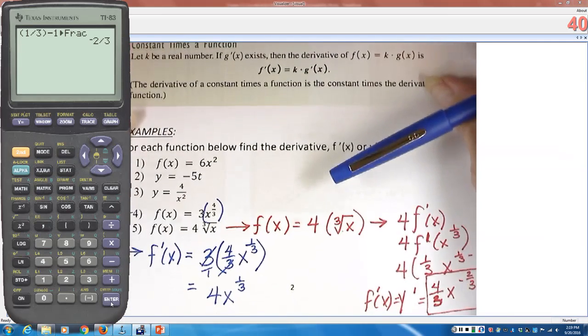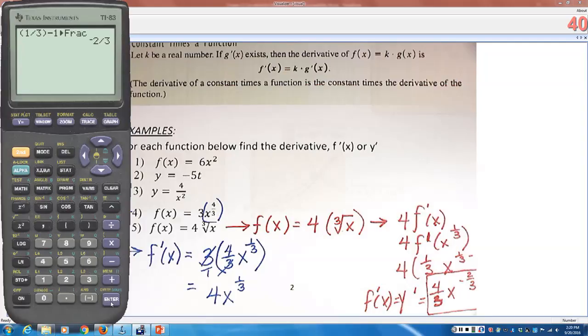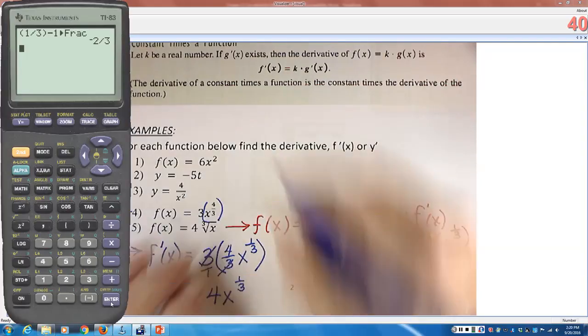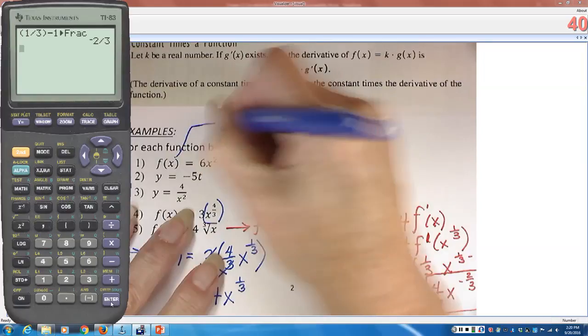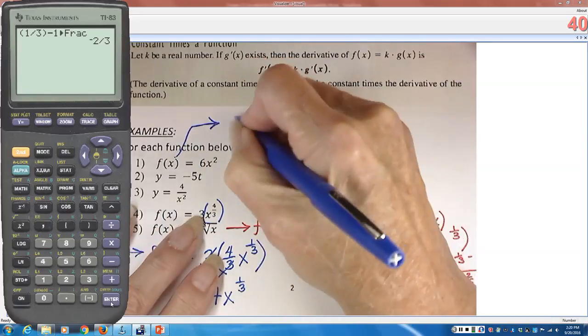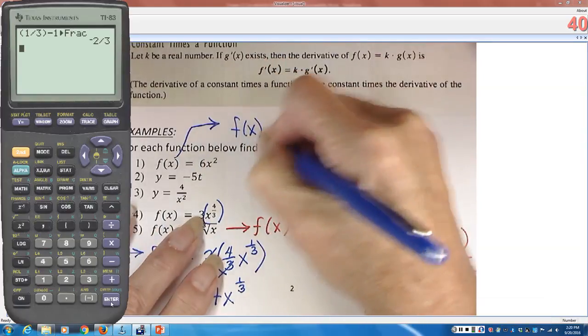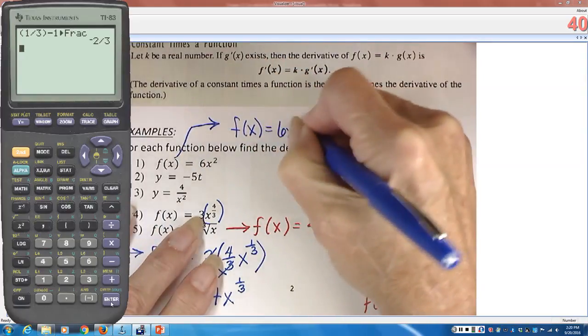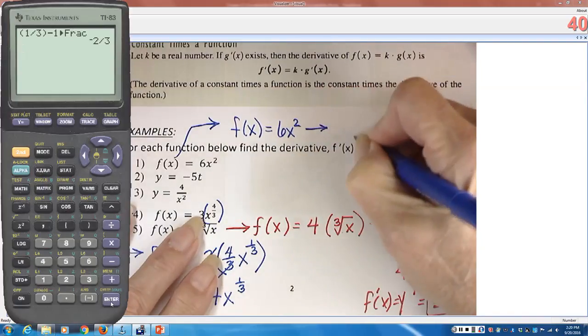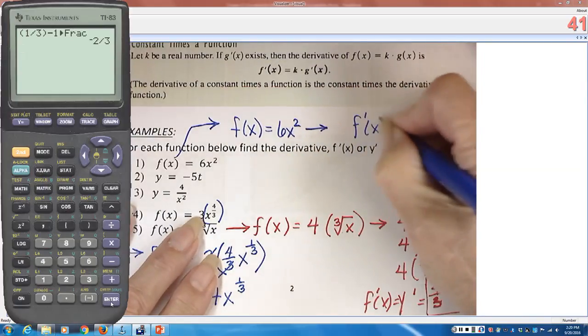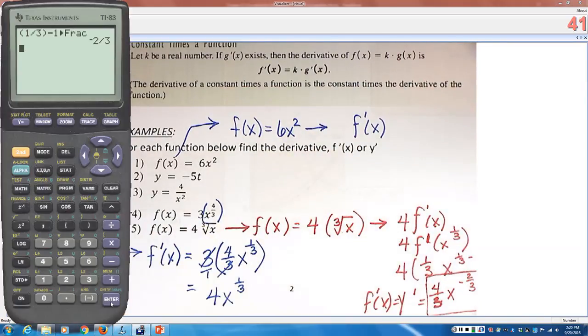Pay attention now, Travis, because you'll get a do-over. F of x equals 6x squared. What do I do with the 6?